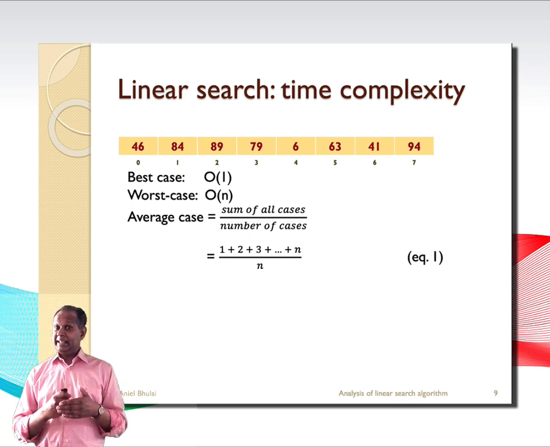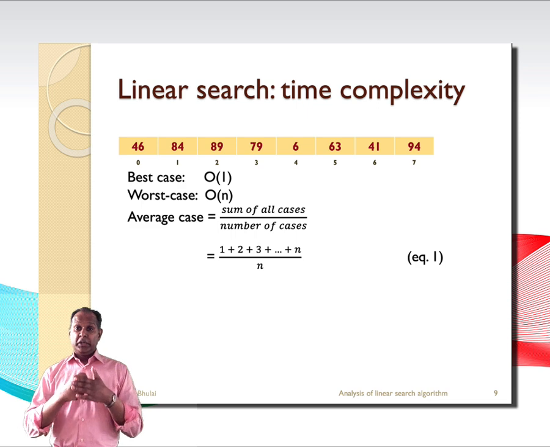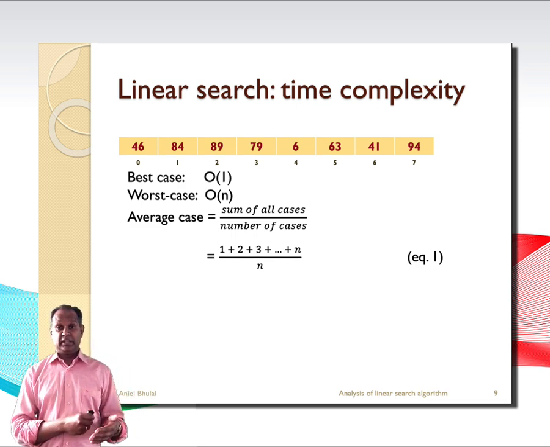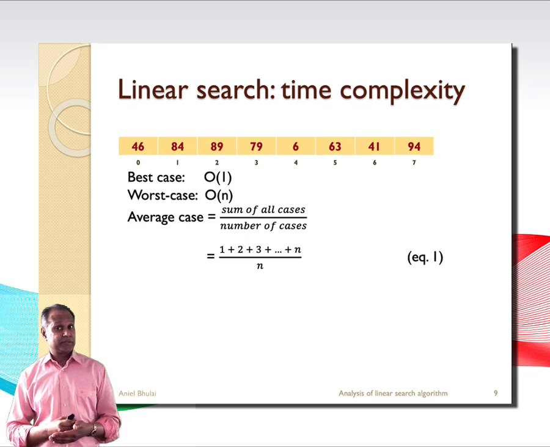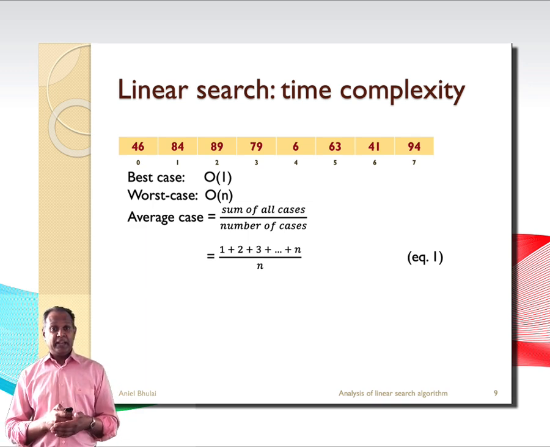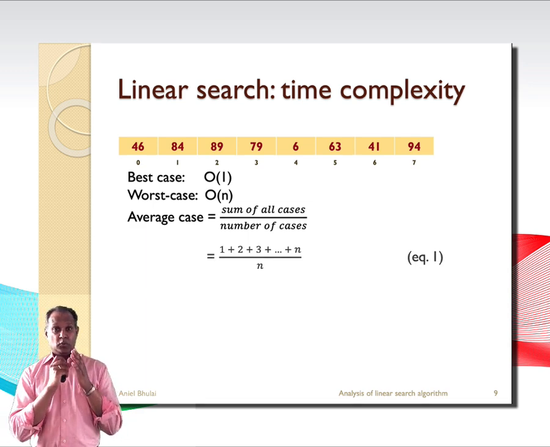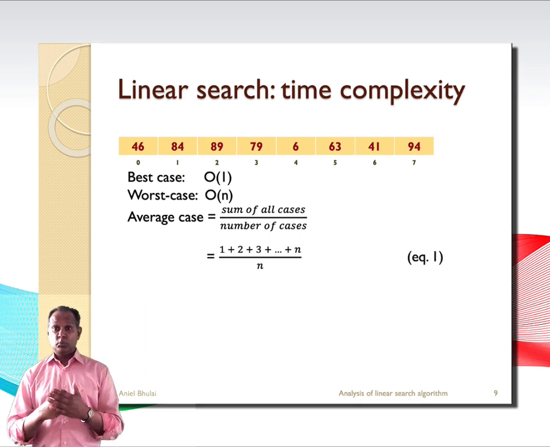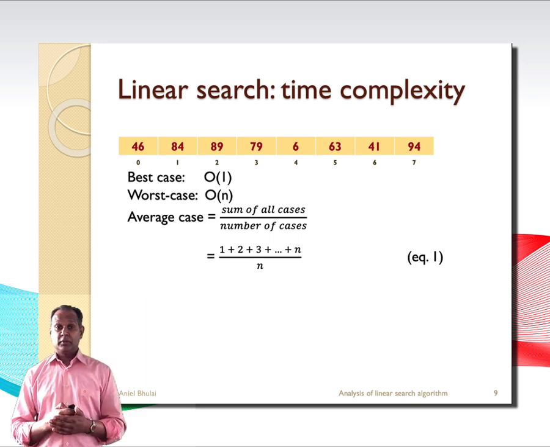When the key is at index number 2, we need 3 comparisons. If the key is at the end of the list, we need n comparisons. So we have the sum of 1 plus 2 plus 3 to n. And we have n cases, so we divide by n.